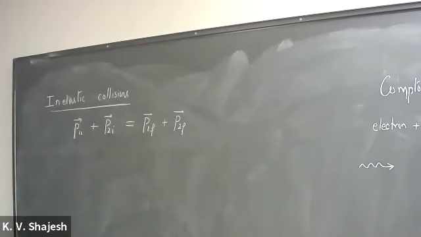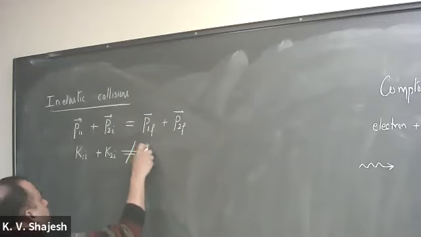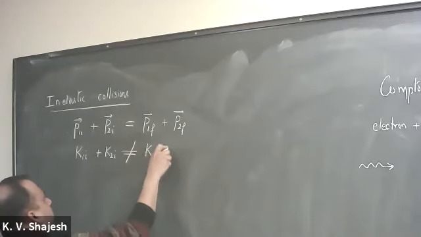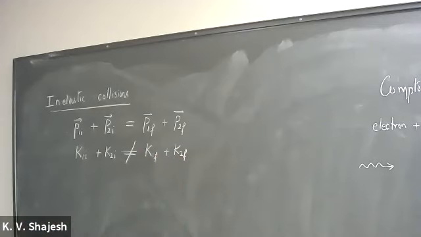There's also the kinetic energy associated with these particles, and K1 initial plus K2 initial is not equal to K1 final plus K2 final. We did examples of this kind in the last class. Today we want to talk about elastic collisions.